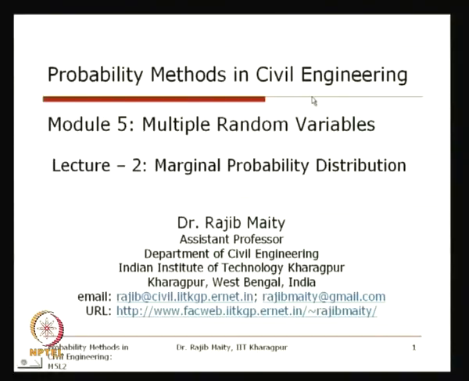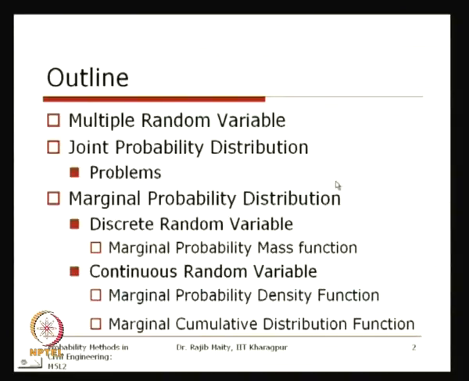So today's lecture is on the marginal probability distribution, and the outline of today's lecture is as follows: the multiple random variable that we discussed in the last class is a joint probability distribution.